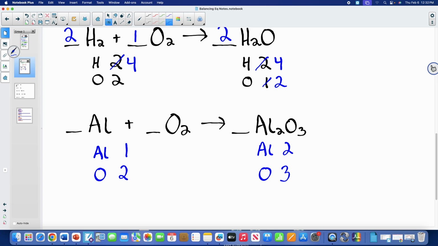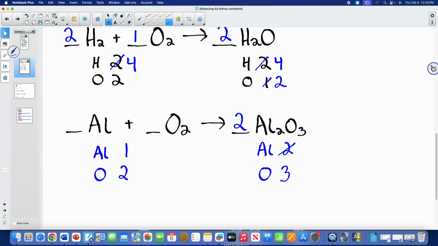The first thing I would notice about this one is 2 oxygens on this side and 3 on this side. So whenever I see that, the first thing I would want to do is get my oxygens to an even number on this side first, right? Because whatever you do on this side, that oxygen is going to stay an even number, right? So what could we try here to make our oxygens even? 2.